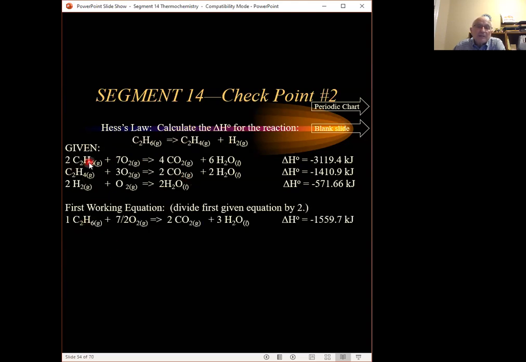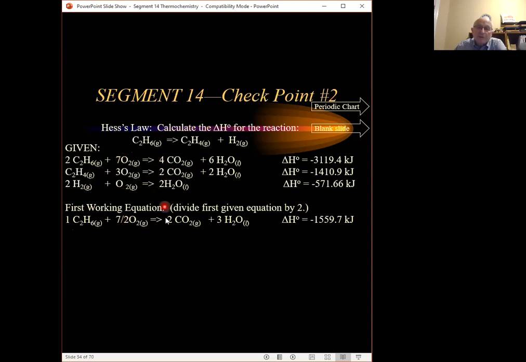And I want to find the equation that has this one in it. Okay, this first working equation then, I'm going to get by, see, the C2H6 needs to be on the reactant side. It is in the given equation, but its coefficient given is 2. So I want to divide through by 2. Divide 2 by 2, I get 1. Divide 7 by 2, I get 7 halves.